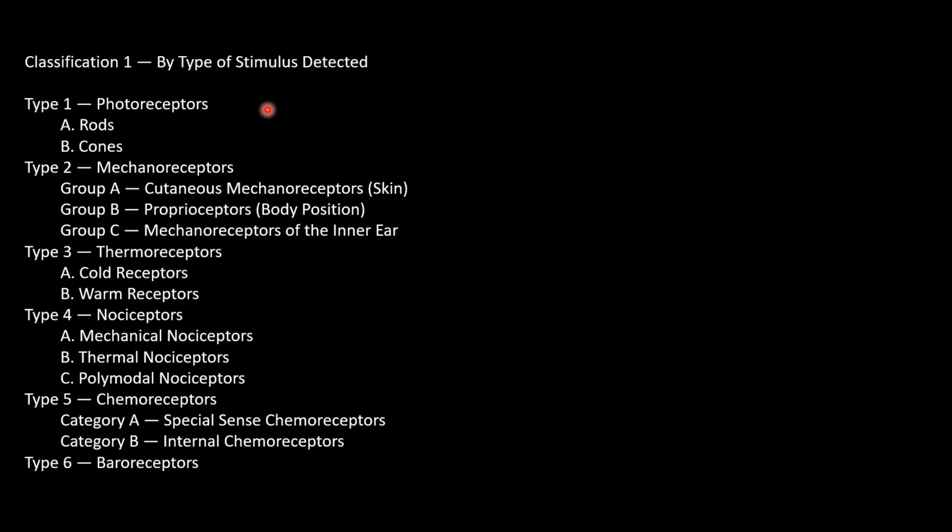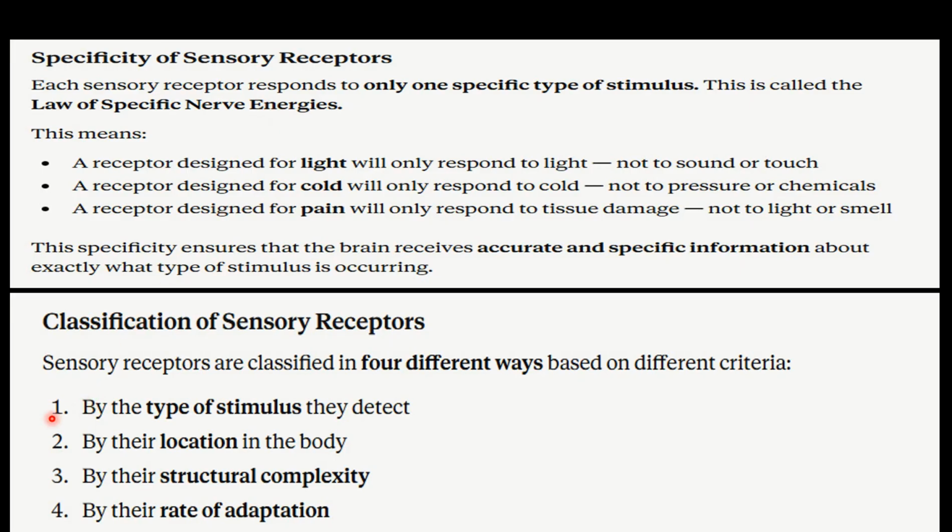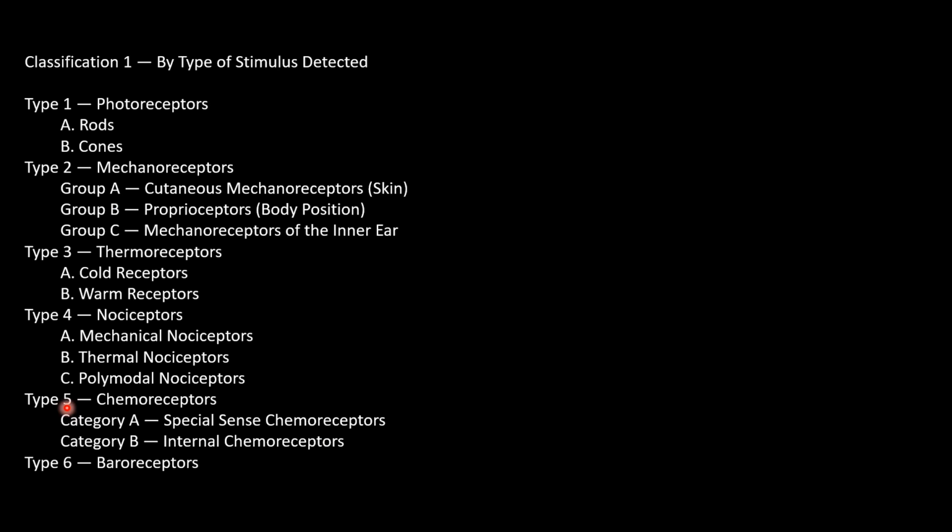We are starting with the first category, which is by the type of stimulus detected. Type 1, photoreceptors, whose subtypes are rods and cones. Then we have mechanoreceptors, which have 3 groups: cutaneous mechanoreceptors, proprioceptors, and mechanoreceptors of the inner ear. Then we have thermoreceptors, which include cold receptors and warm receptors.